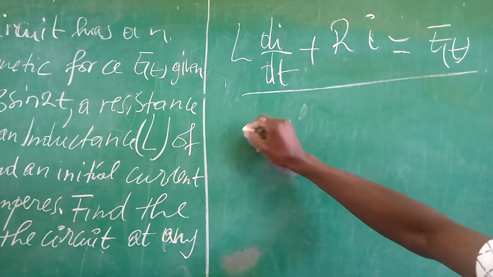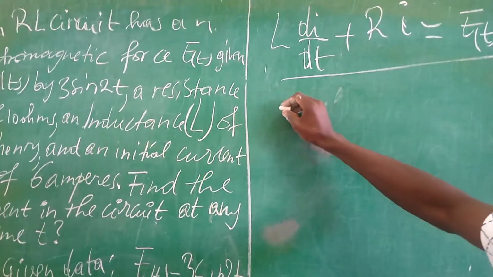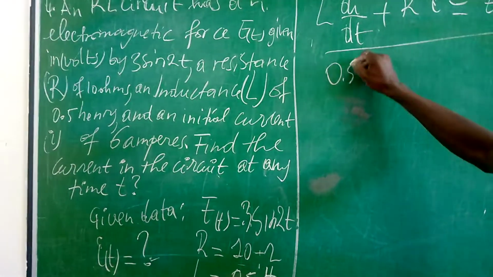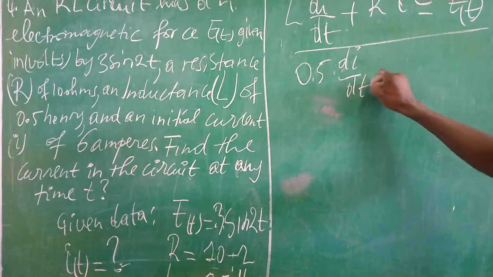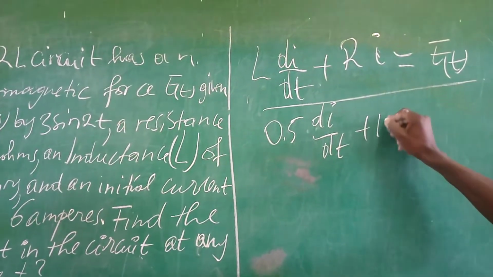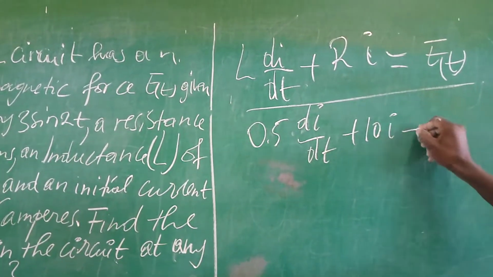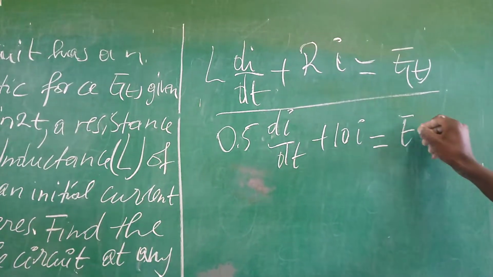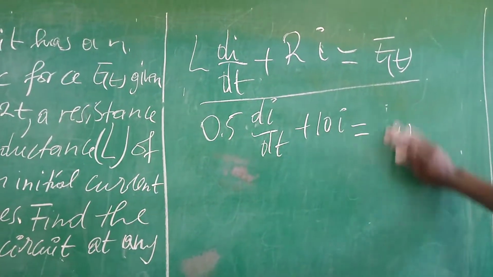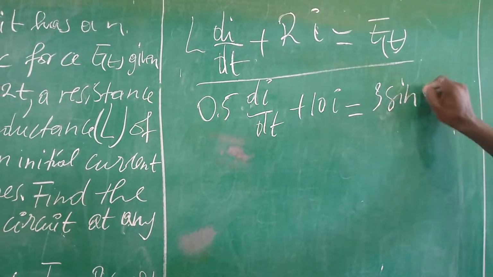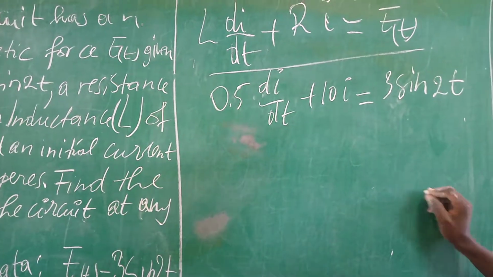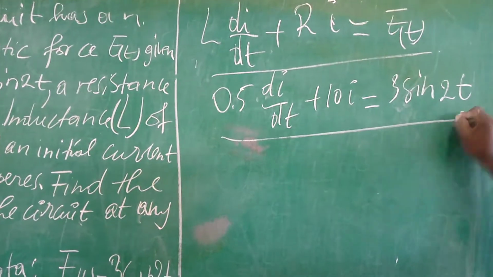We have 0.5 as inductance times di over dt, plus 10 ohm times current, is equal to the electromotive force, which is equal to 3 sin 2t. And then we are going to solve this equation.